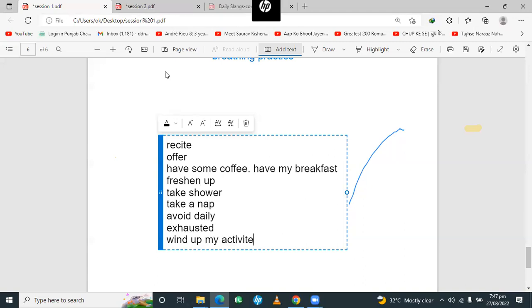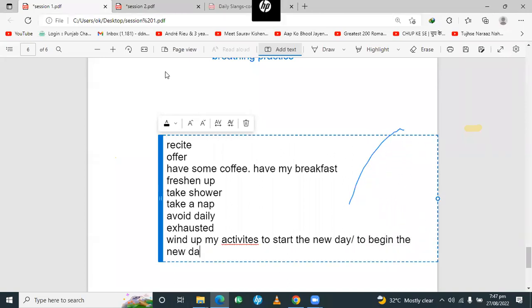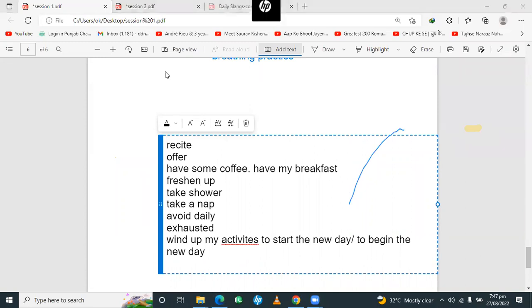Wind up my activities to start the new day, or to begin the new day. You have to monitor these small differences that will create a huge difference in your speech.